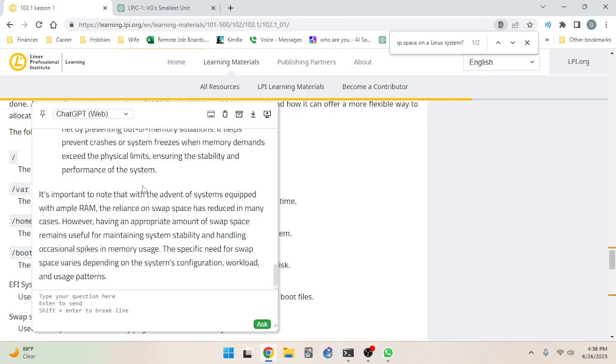It's important to note that with the advent of systems equipped with ample RAM, the reliance on swap space has reduced in many cases. However, having an appropriate amount of swap space remains useful for maintaining system stability and handling occasional spikes in memory usage. The specific need for swap space varies depending on the system's configuration, workload, and usage patterns.